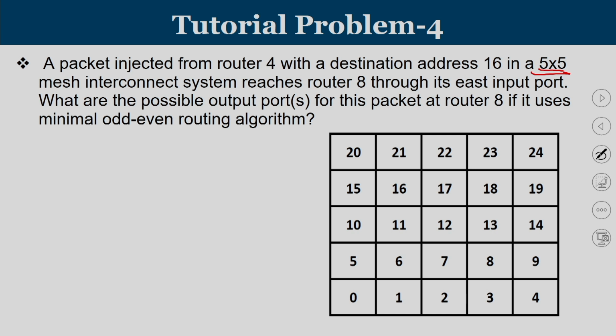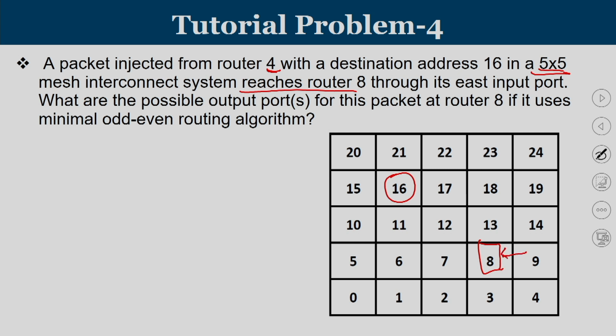So, we have a 25 core machine, that is a 5 by 5 mesh network, and the packet is moving from router number 4, it is going to 16. So, the destination is 16 and the packet from router number 4 to router number 16 is currently at router number 8. So, this is the router we are talking about, and let us say the packet is coming from this direction. Why?